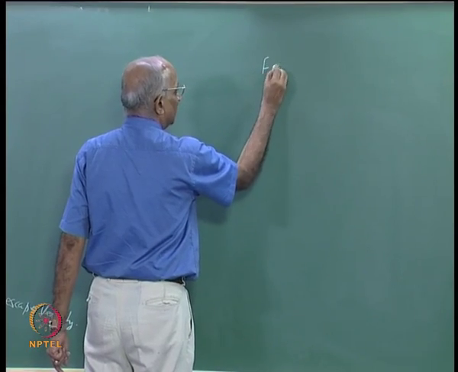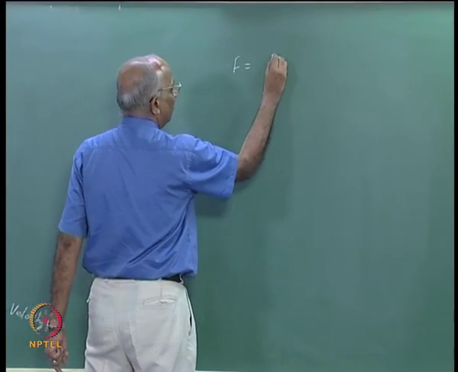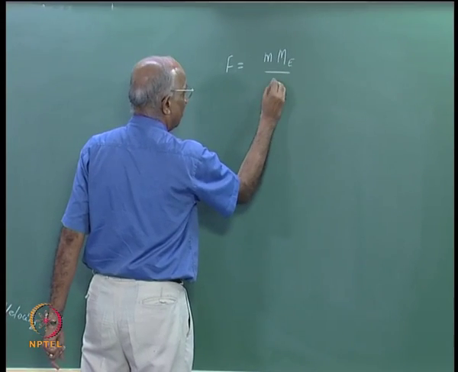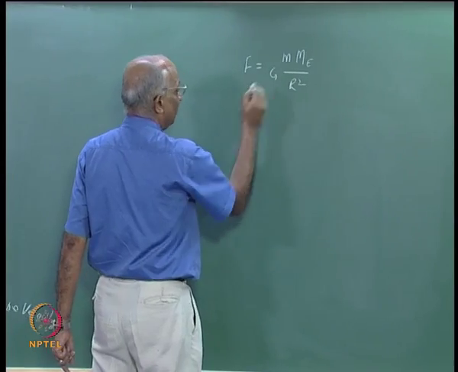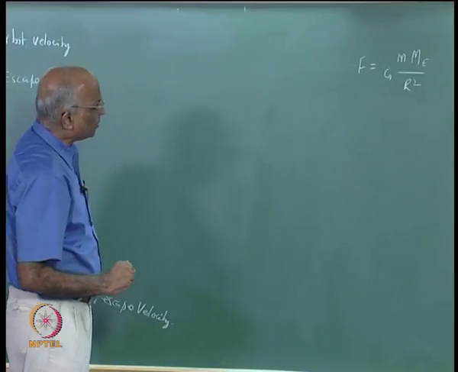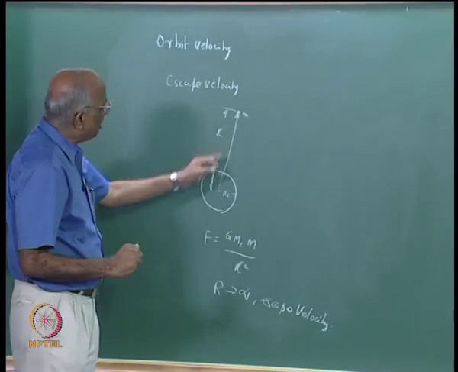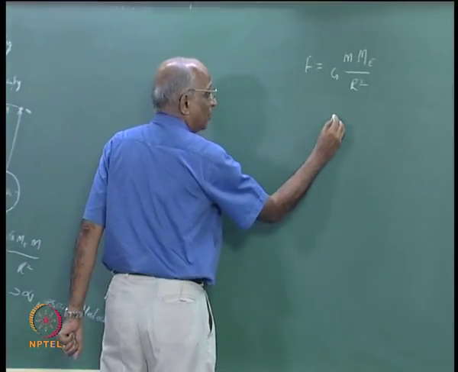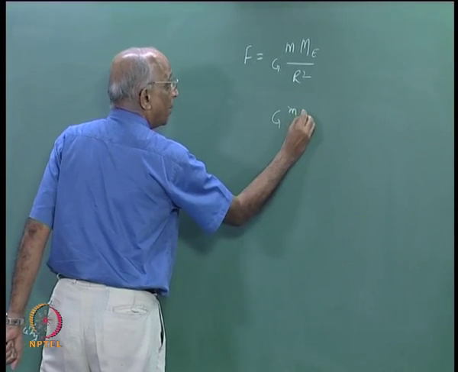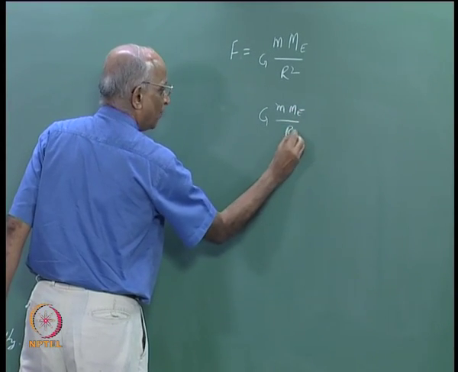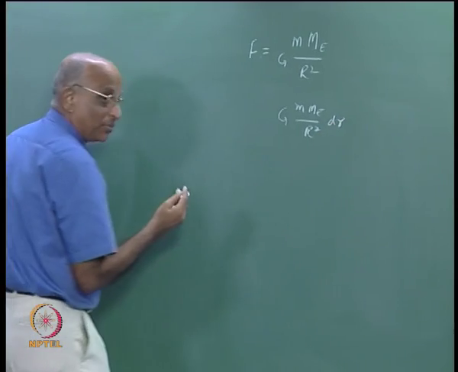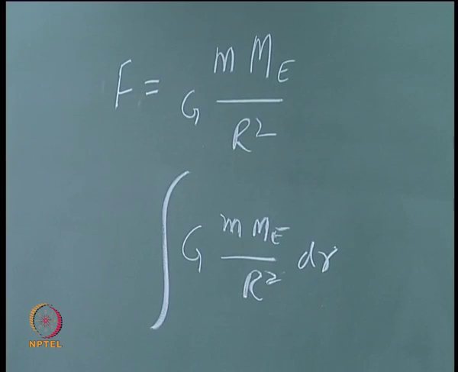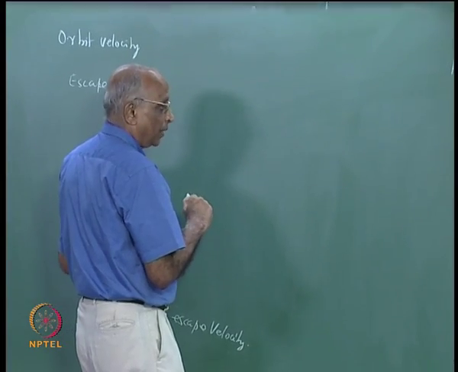force equal to G M_e m divided by r squared, and what is the work which I must do to take it from here to infinity? The work which I must do is G M_e m by r squared into dr, this is the small amount of work, and now I want to escape from the surface of the earth having a radius r_e.